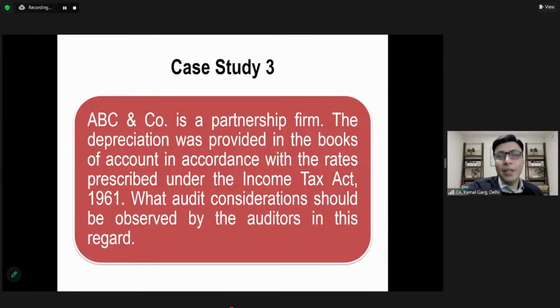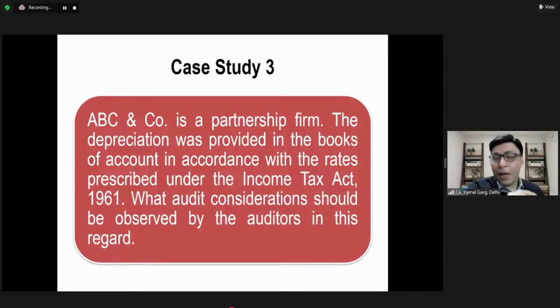Okay, so let me give the answer. Please understand, rates of depreciation under the Income Tax Act are not meant for books of accounts. These rates are meant for the purpose of computation of income under the head profits and gains of business and profession.